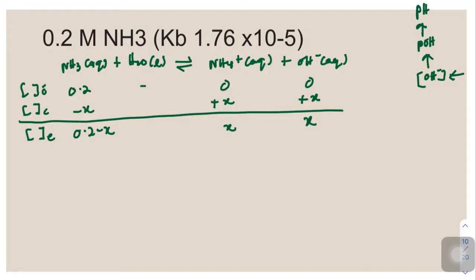So to get the concentration of the hydroxide ion, we have to solve for the value of X. How to solve X is by using the Kb that is given. So we have to write the Kb expression.